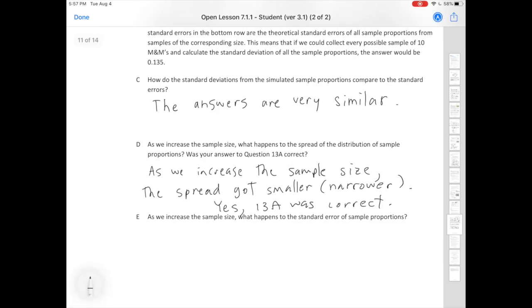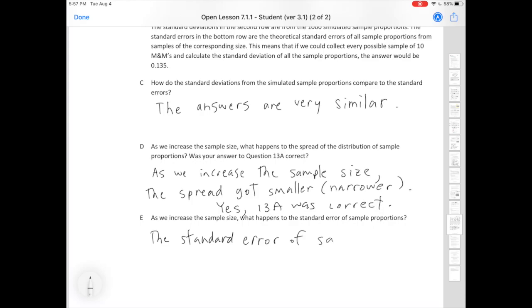So the standard error of sample proportions decreased as we increase the sample size.